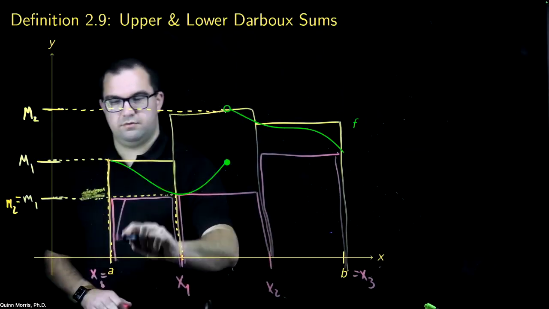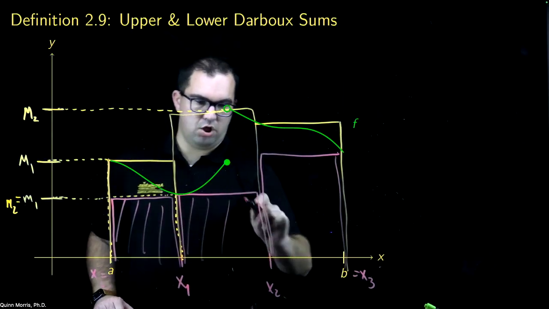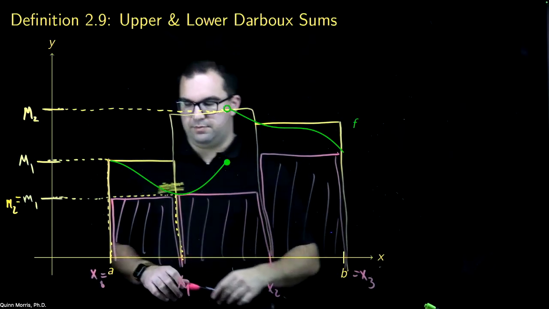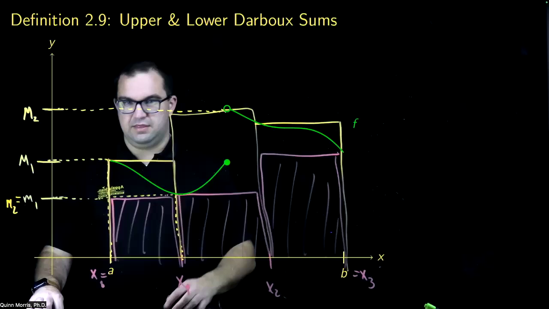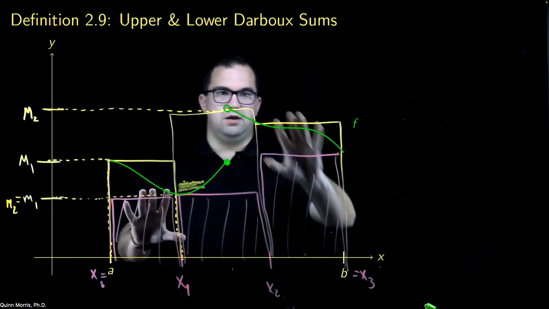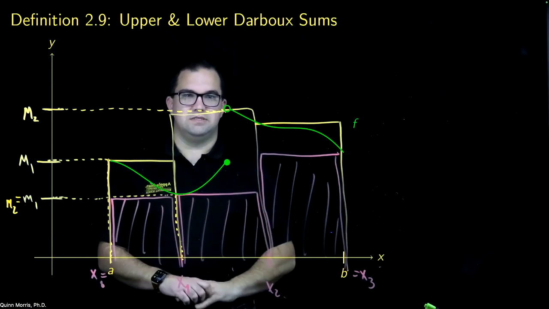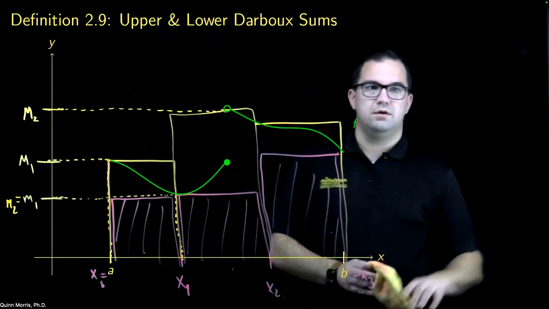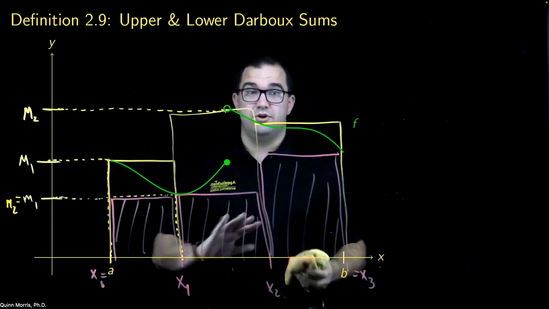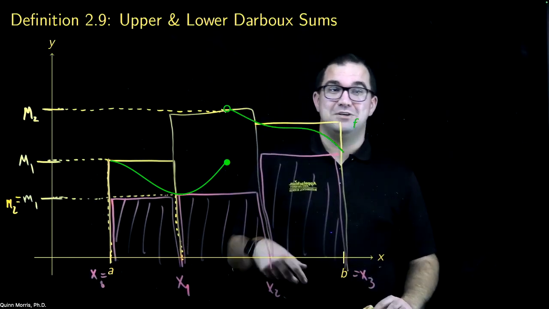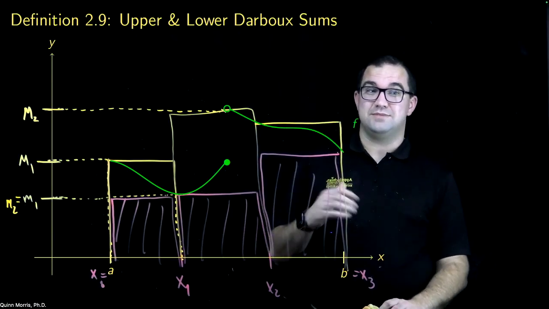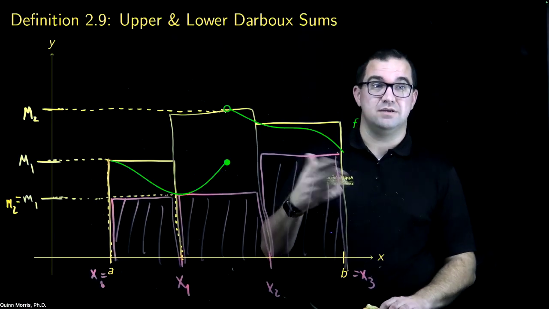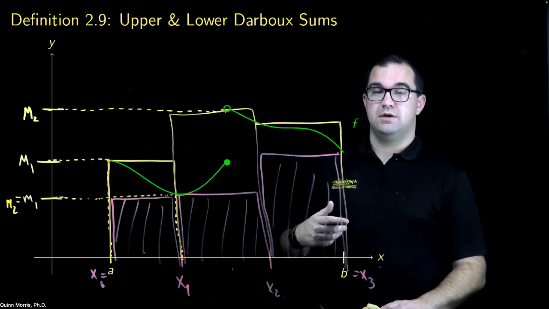So the lower Darboux sum would just be the sum of the areas of these three pink rectangles, and the upper Darboux sum would be the sum of the areas of these orange rectangles. Again, notice no need for tags here. These are really nice to work with in some ways because you don't have to keep track of a set of tags. You just need the partition values.